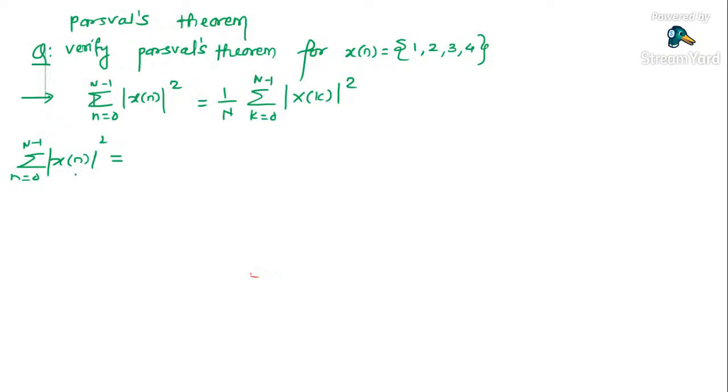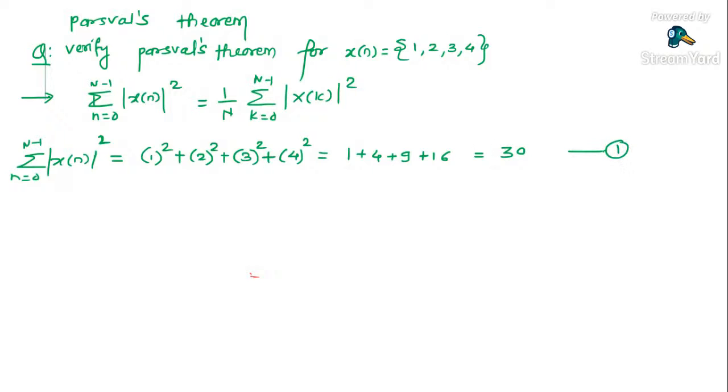It is 1 square plus 2 square plus 3 square plus 4 square, so 1 plus 4 plus 9 plus 16. The answer is 1 plus 4 is 5, 5 plus 9 is 14, plus 16 is 30. So first we got the answer as 30. Now find out x of k.